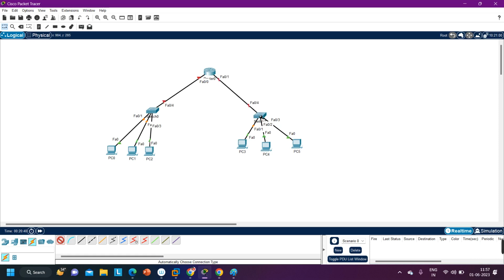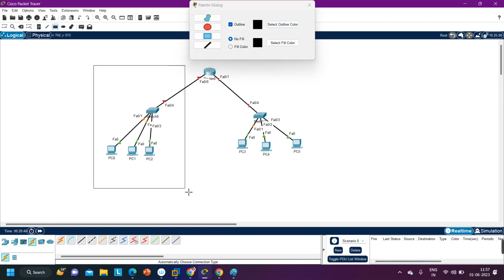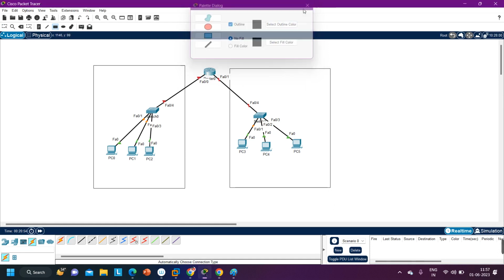Here how many networks do we have? 2 networks. This is a separate network, and this one is another separate network. We need how many network IDs?